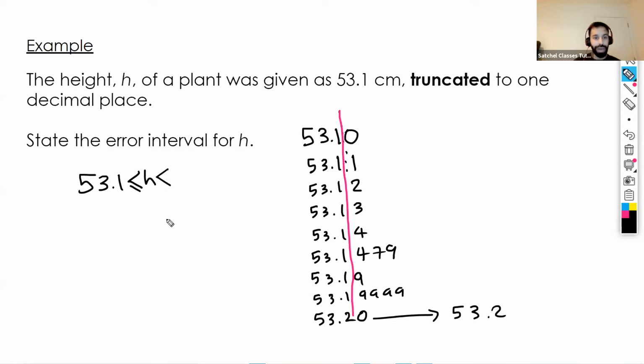So the upper bound in this case would be 53.2. So the range of heights for the plant could be anything between 53.1 all the way up to 53.2, but not including 53.2. And this is our error interval to 1 decimal place.